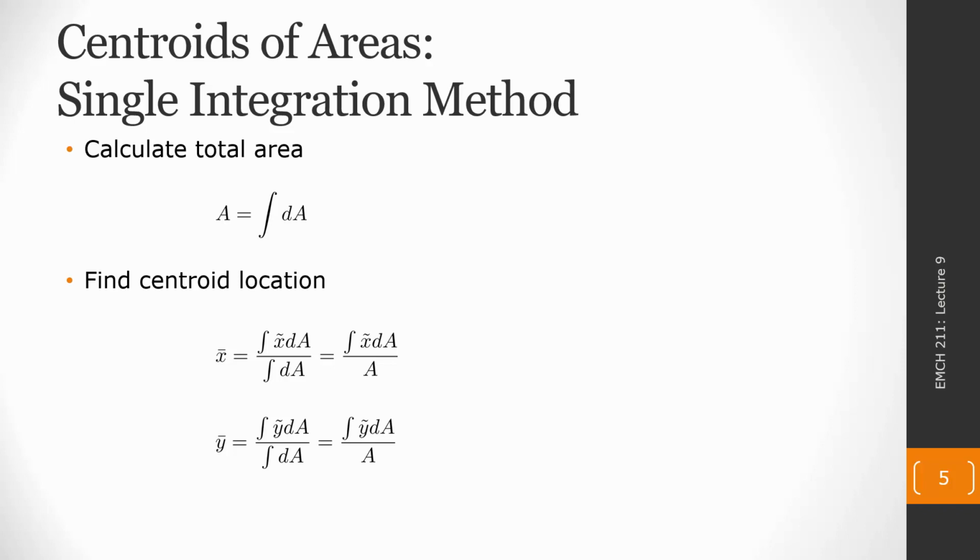So what we do is for every strip, we're going to multiply its centroidal location times its area, and we'll add those all together. And then that result, that integral, is going to be divided by the total area of the shape. And we do the same thing in the x direction and the y direction to find for the whole shape its centroidal location. So once again, we can think of it as the weighted average of the centroids of all of the strips that make up our shape.